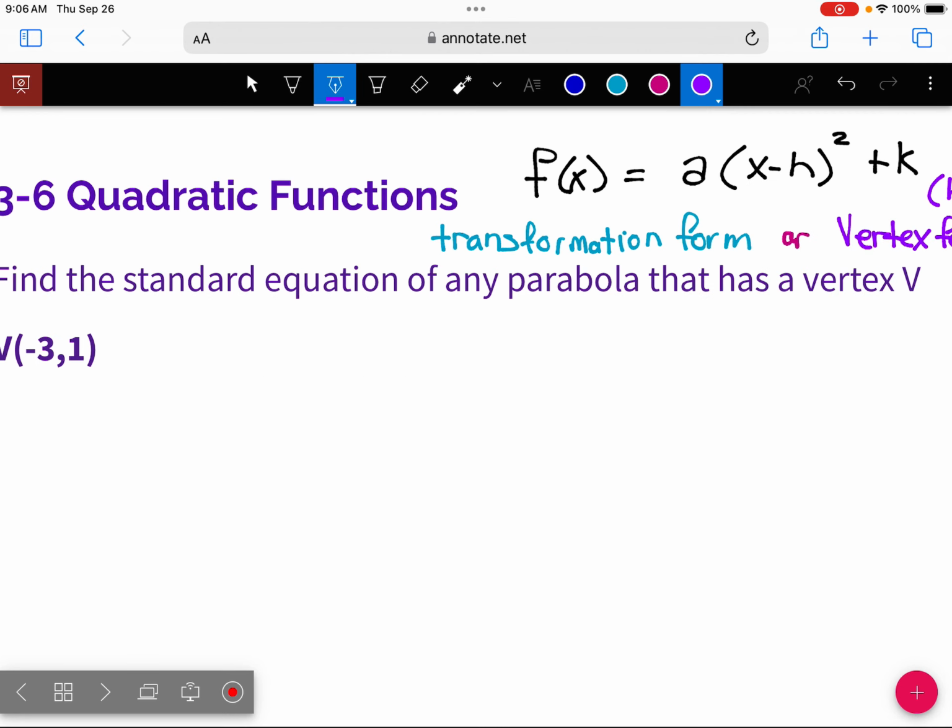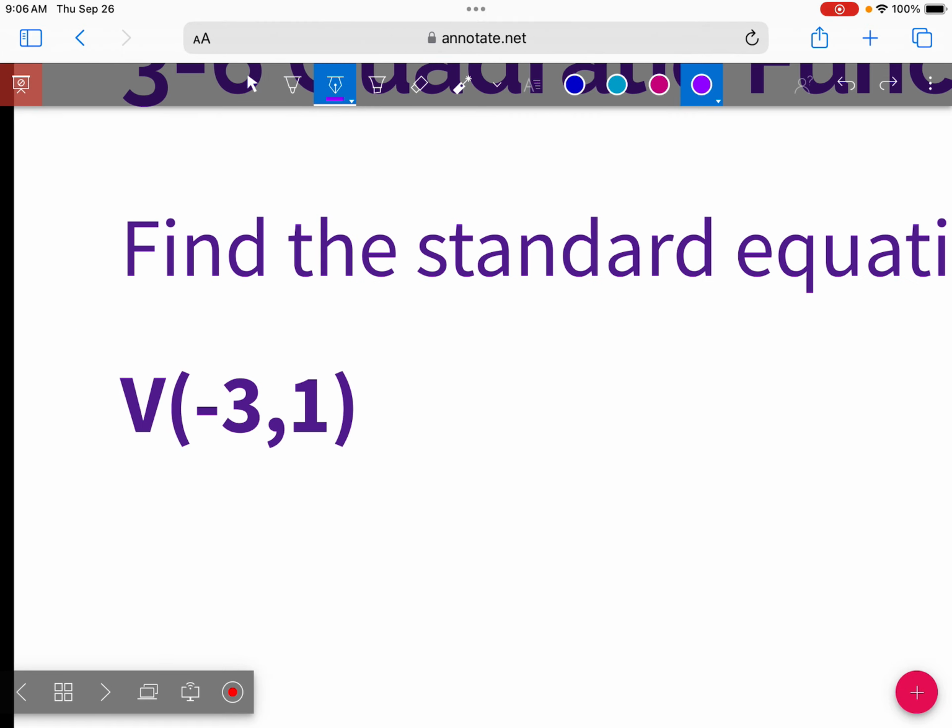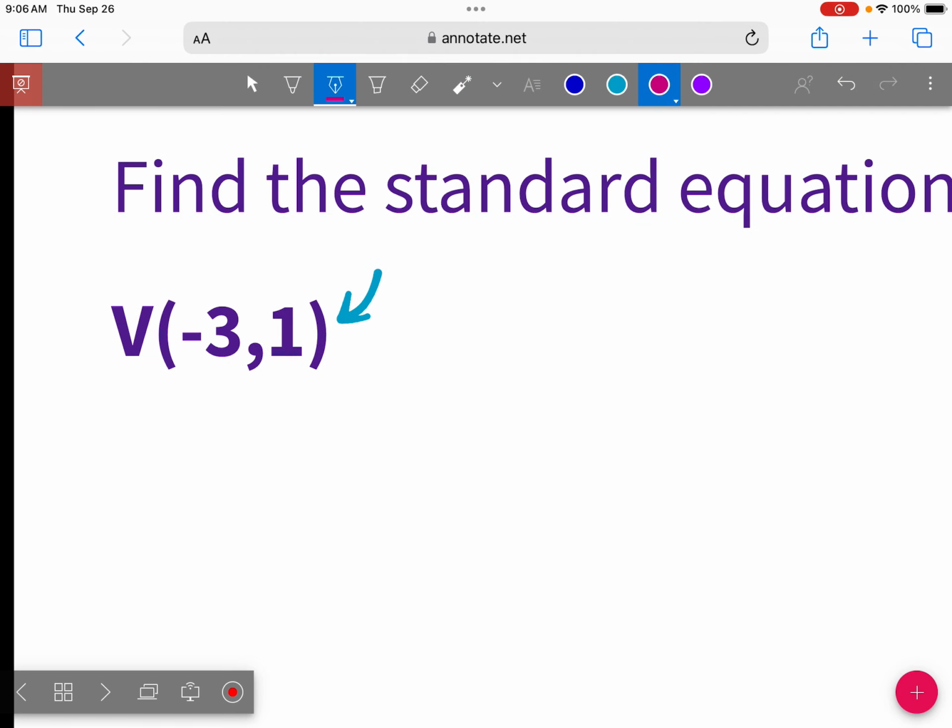So we're going to fill in the vertex. And that's going to kind of be it. Our vertex here at this point V, this is going to be my (h, k).